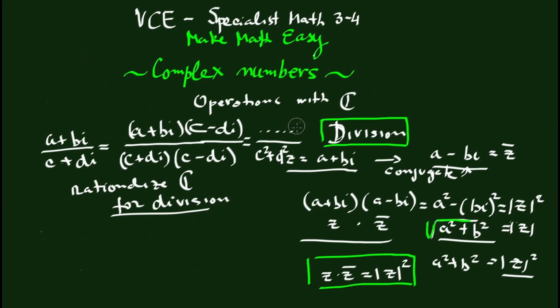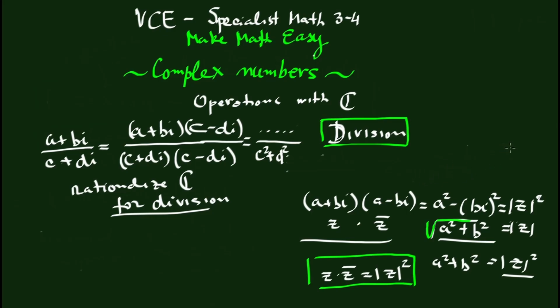So that is how we divide the complex numbers: c squared plus d squared, rationalized. That's for division. So it's important to notice rationalize for division.